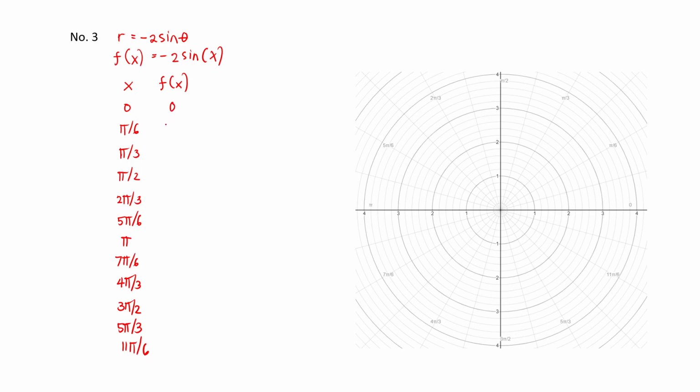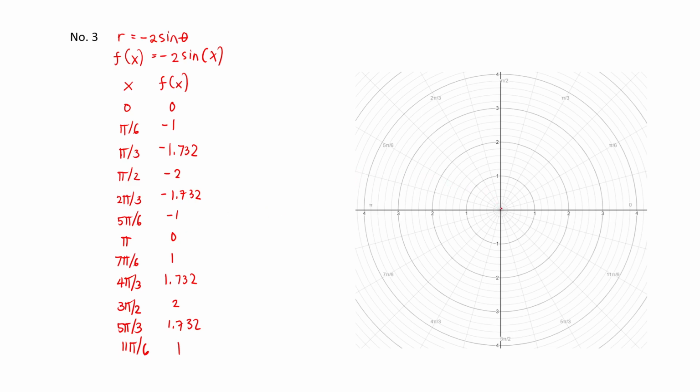So we have 0 and then negative 1, then negative 1.732, then negative 2, negative 1.732, negative 1, 0, 1, then 1.732, 2, and then 1.732, and then 1. Then going back to 0.